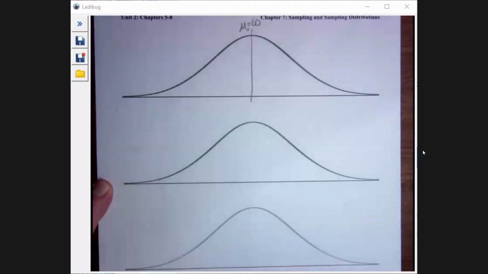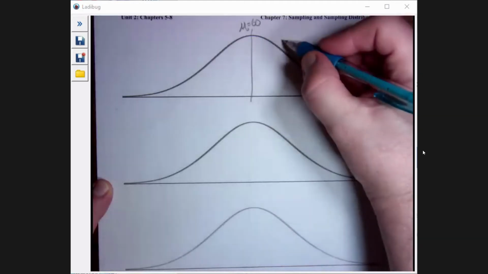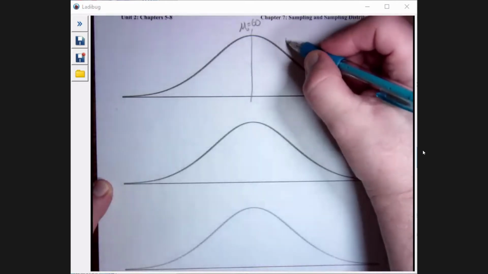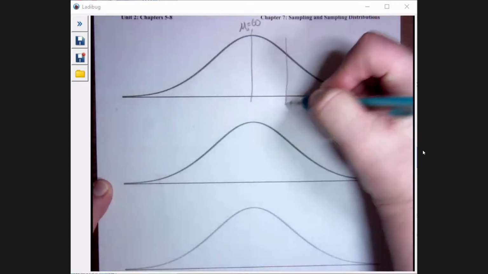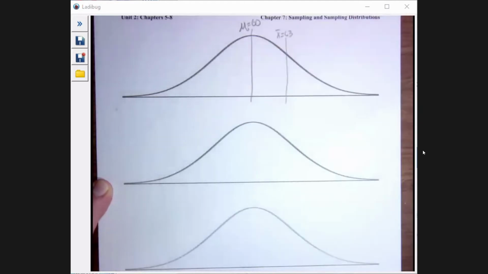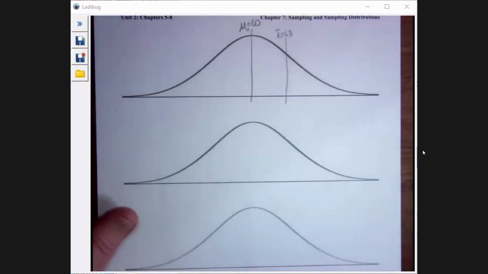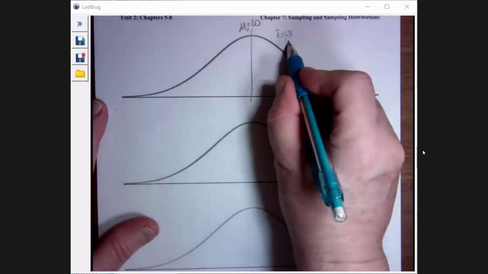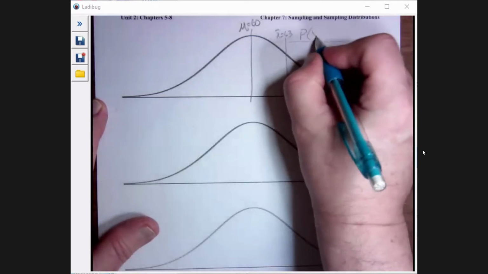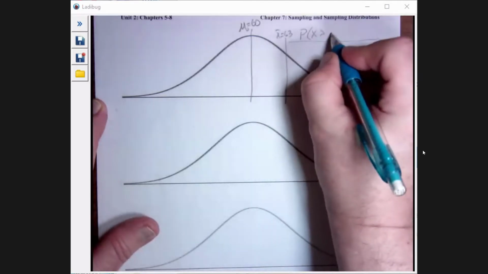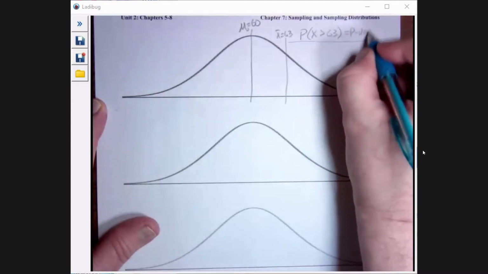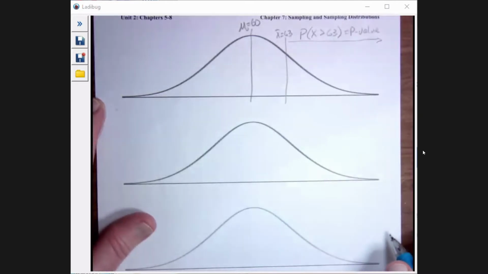We came up with a test statistic of 63, which is about 1.5 standard deviations from the mean. And the p-value is the area to the right of that. The probability of getting some value greater than 63 is the p-value. Oops, is it the p-value?